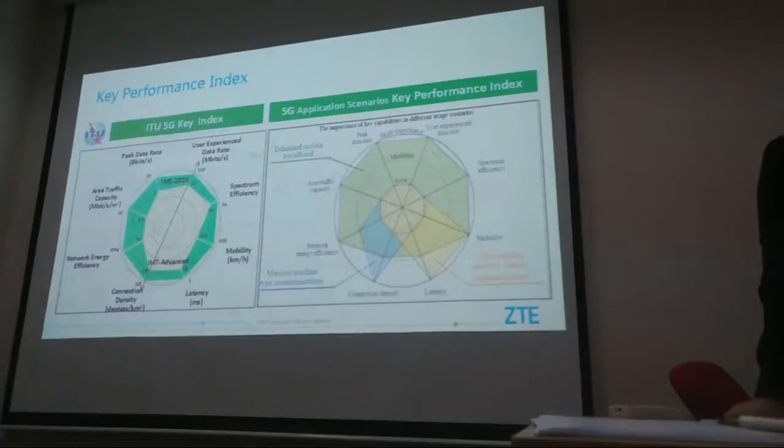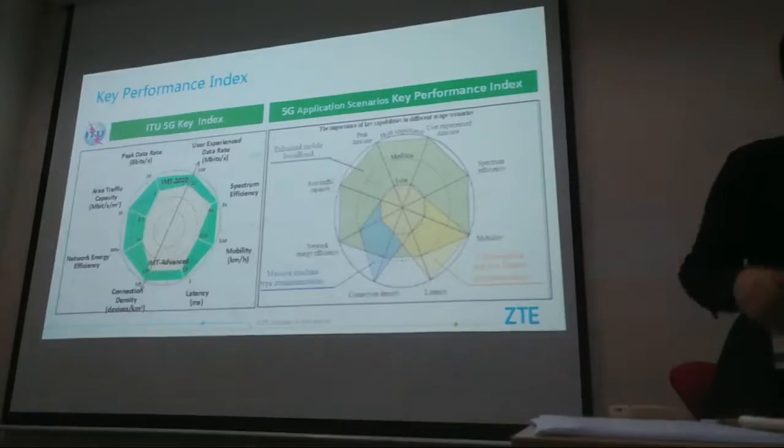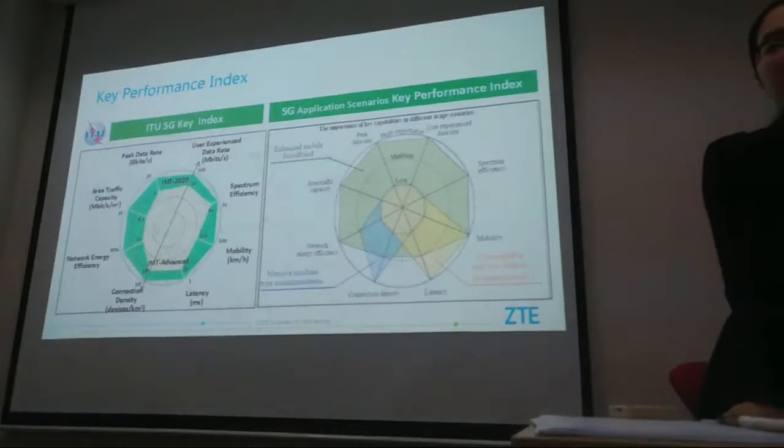But for everyone, the user experienced data rate should be guaranteed at 100 megabits per second. In 4G now the peak is 100, and if we use CA it will double. But for normal use without CA, with just one carrier, it's almost 100 to 150.